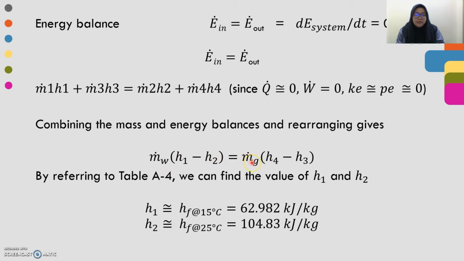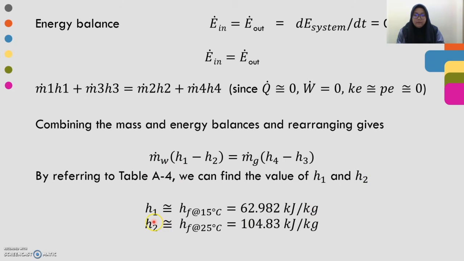The m dot for the refrigerant we know from the question, but H4 minus H3 we still don't know. But we know that H1 and H2 are for saturated water, so to find the values of H1 and H2, we have to refer to table A4 in the table of properties.